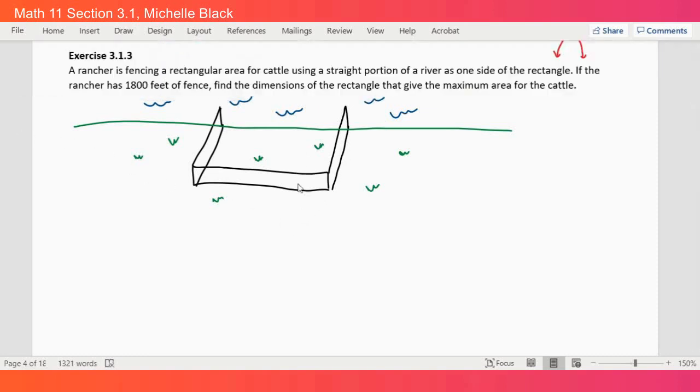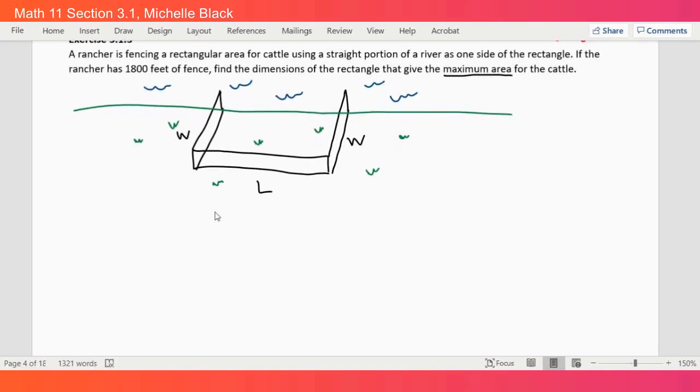Okay, so when I look at this, I think of area and perimeter. Area because it literally asked for area, and then perimeter because I'm basically counting sides. So I'm going to think of this as width, and length. I don't need length over here because I don't have fencing on the back because it's a river.